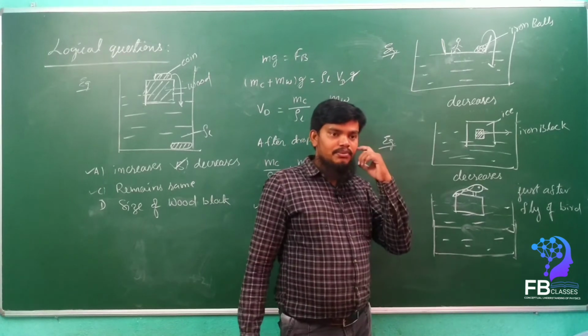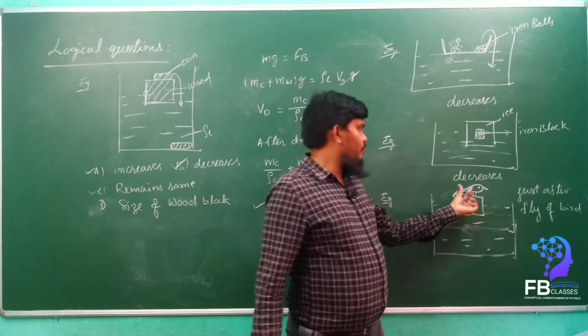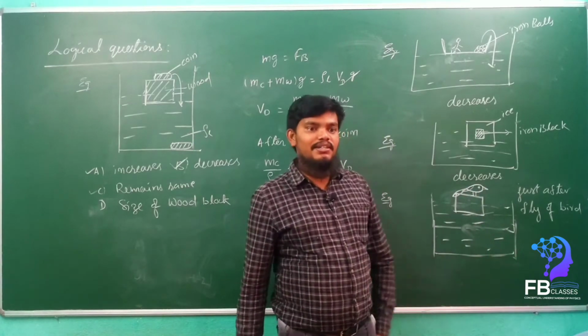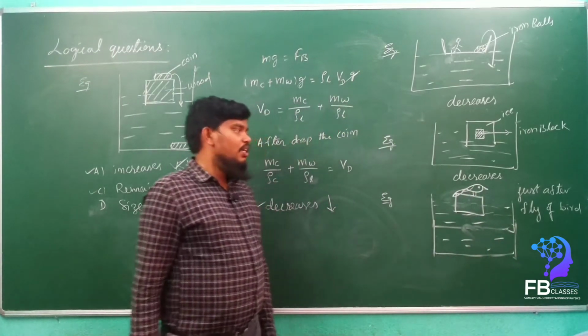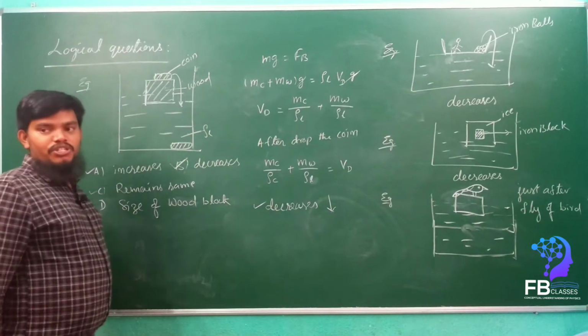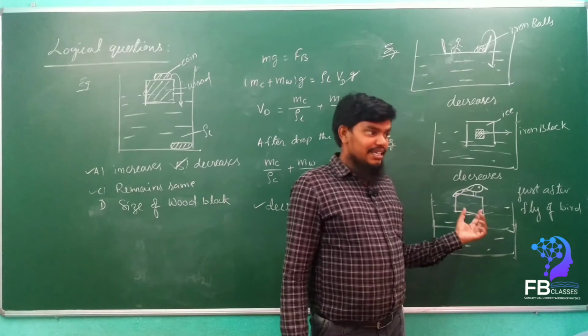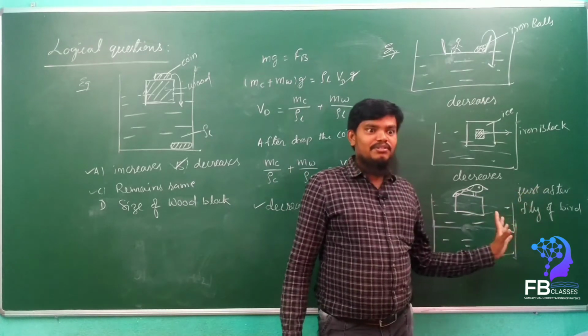What is the question? Just after the bird flies, comment on the level of water, whether it increases or decreases. What is the answer? Many students say decreases, but the interesting thing here is he mentioned just after flying.